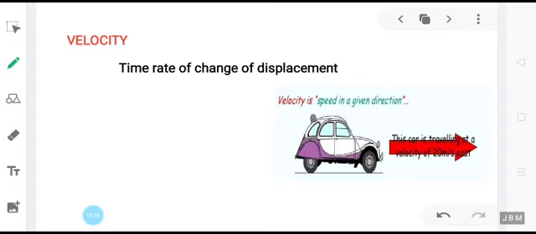Now before we discuss velocity, which is time rate of change of displacement, let me give you briefly a little more information regarding instantaneous speed. So let at an instant t, an object while moving covers a distance delta s.